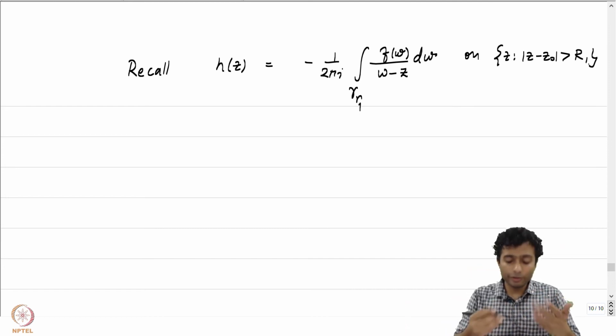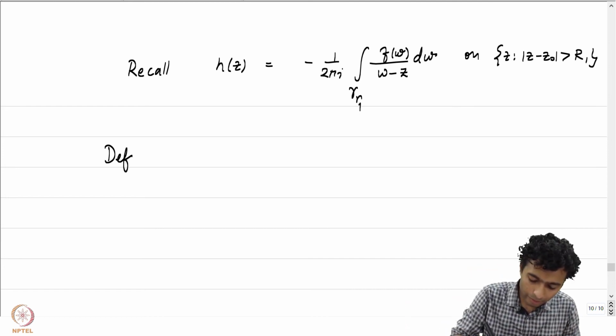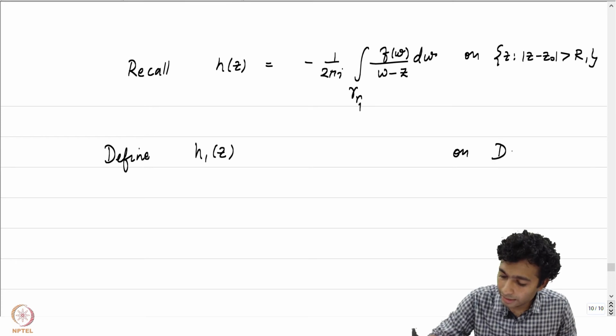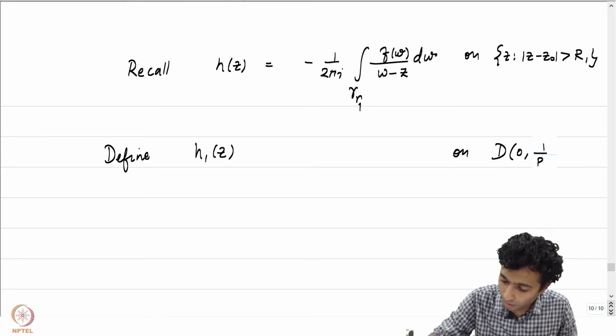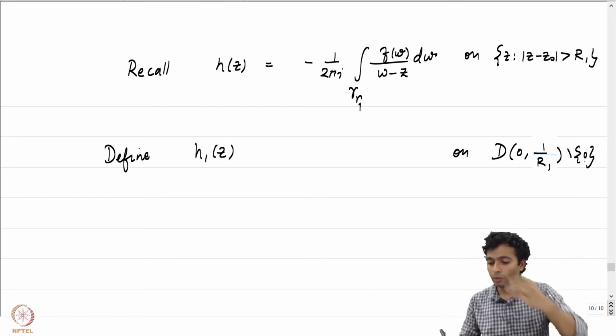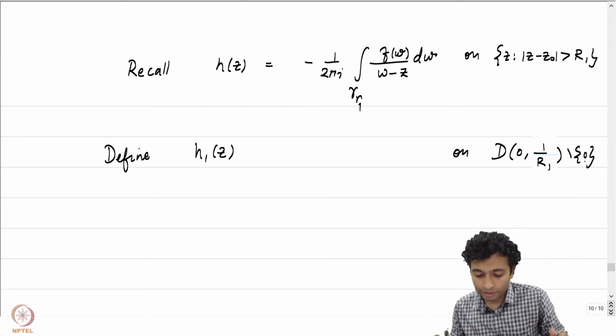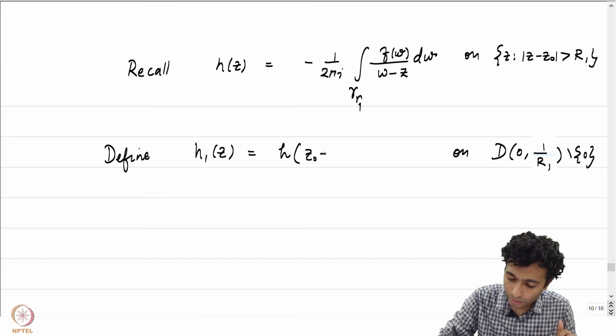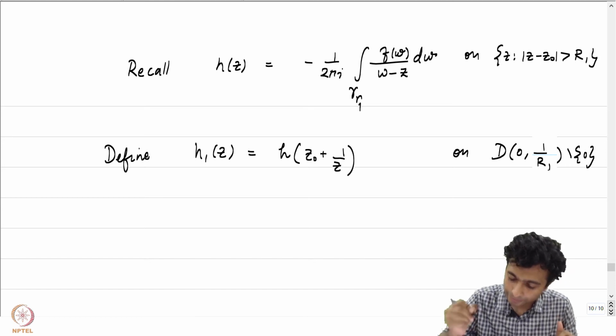Let's now define a new function. Define h1 of z on the punctured disk, mod z less than 1 by r1. And what is the function that we will be defining? This is going to be equal to h of z0 plus 1 by z.